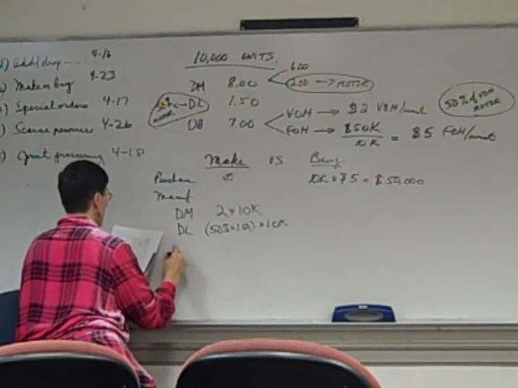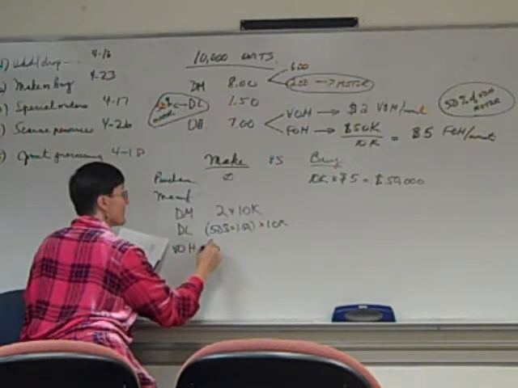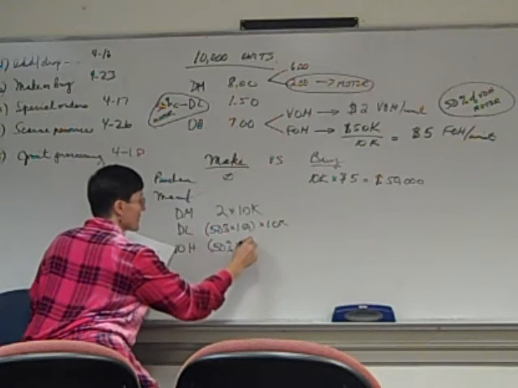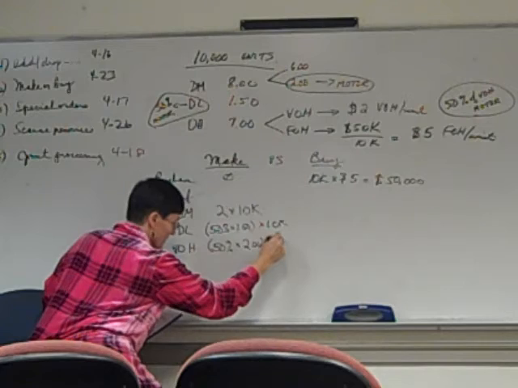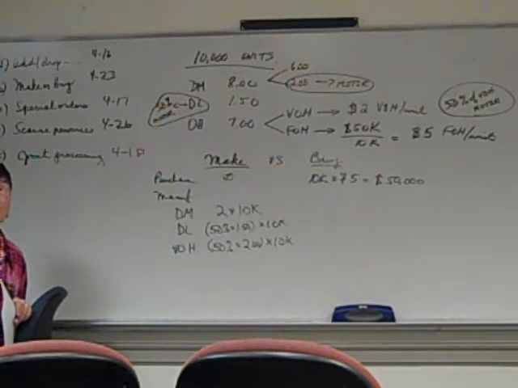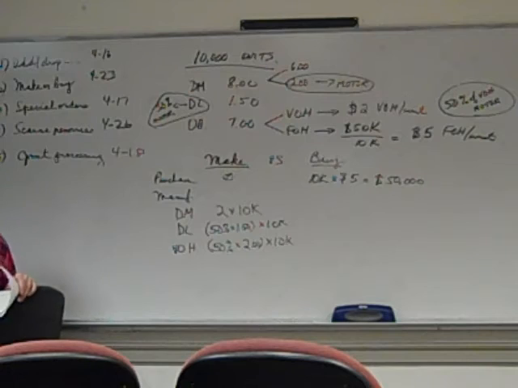We're going to have variable overhead of 50% of $2 times 10,000 units. We stop there. So what you had to do was literally take each phrase and figure out, okay, what are they trying to tell me?